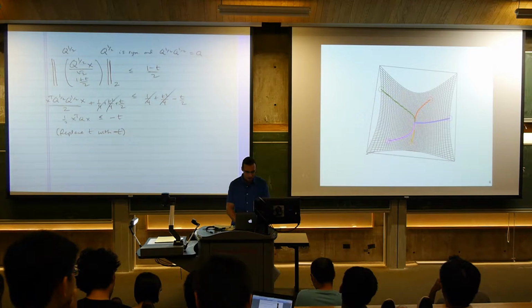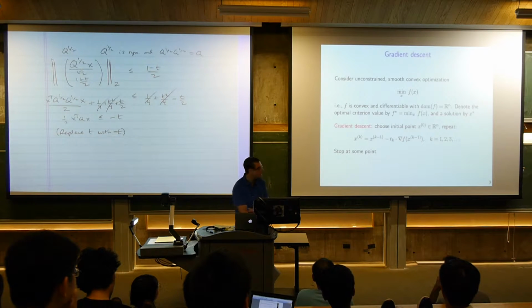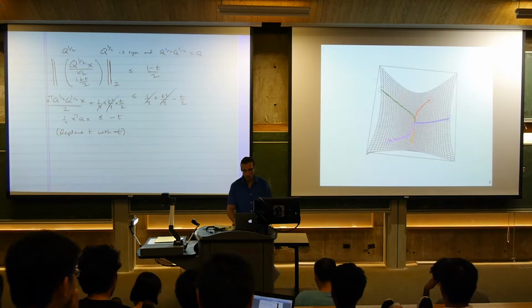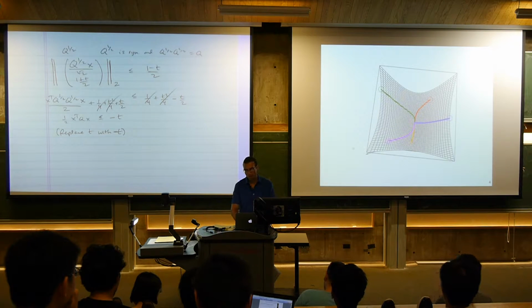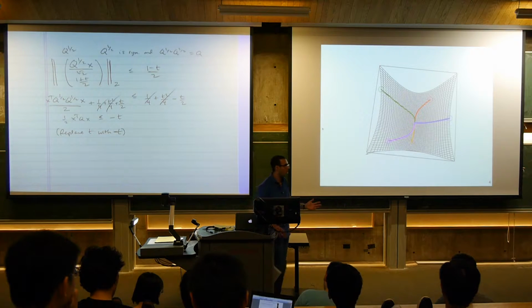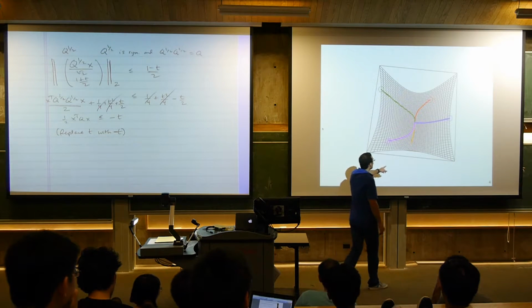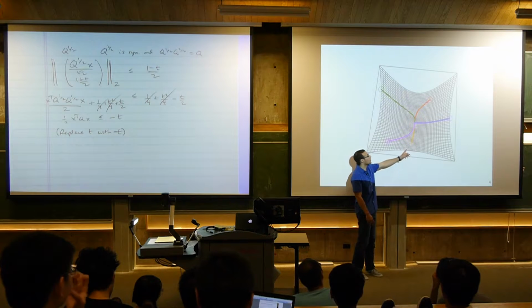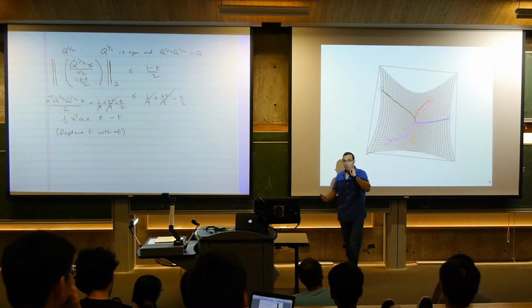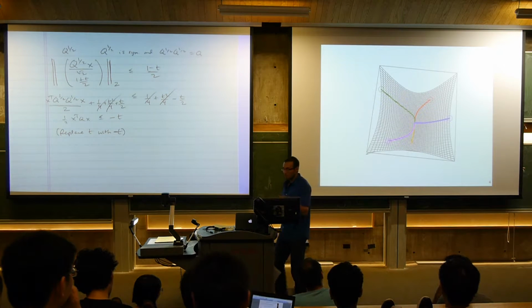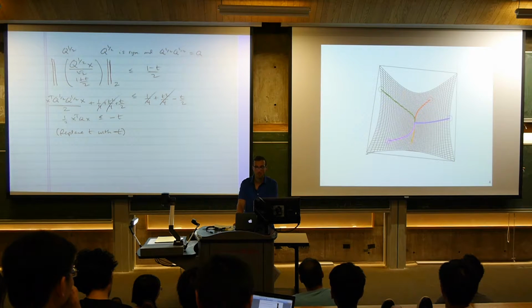I've just drawn the progress after very, very small steps, when t_k is very, very small, so that it looks like a continuous path, just so you can visualize it. What we see is what we maybe would expect: for a convex function, it doesn't really matter where we start. We're going to get to the global minimum, or a global minimum if there was more than one, eventually, with gradient descent.